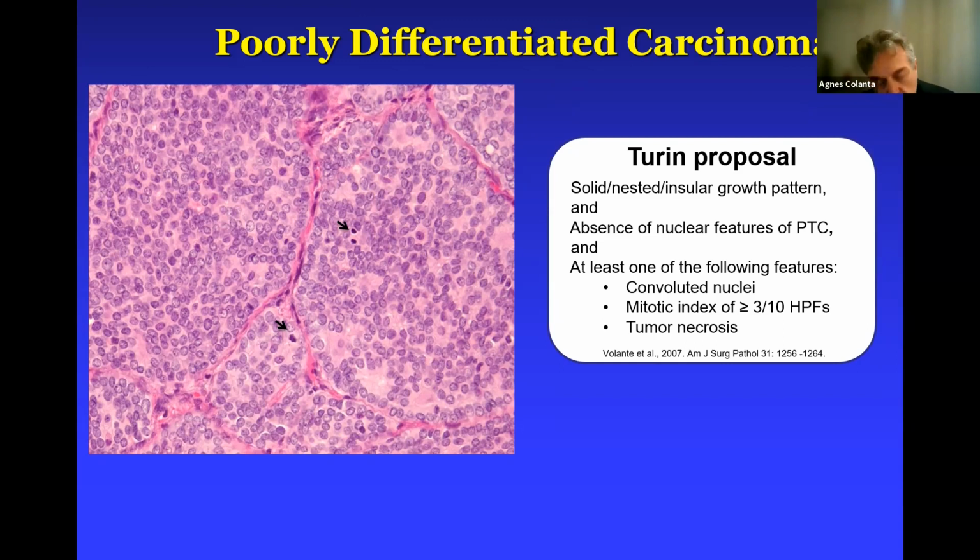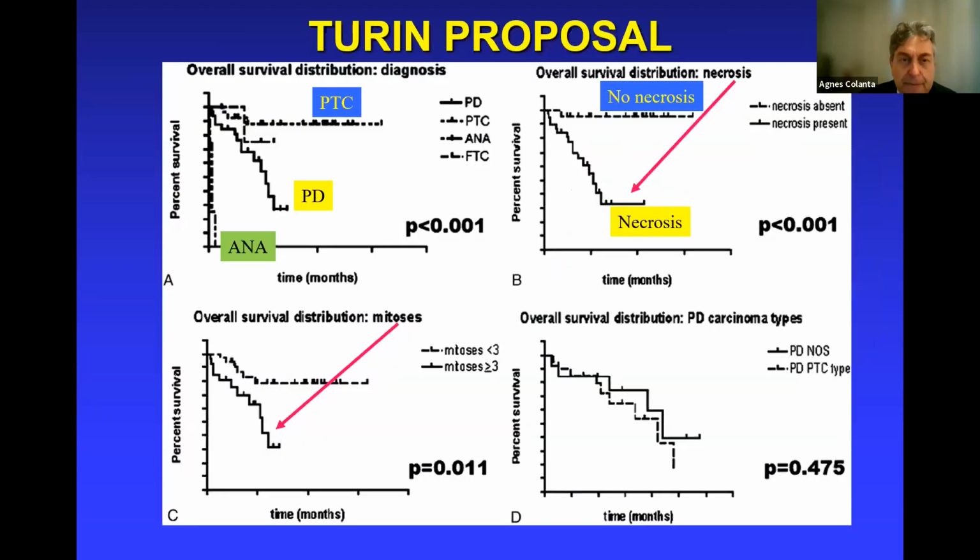So here there is congruence with the Memorial approach. You have at least to have tumor necrosis or something called convoluted nuclei, which I understood means hyperchromatic papillary carcinoma nuclei. So when you look at the data here, also the tumors are in between papillary and anaplastic, poorly differentiated.